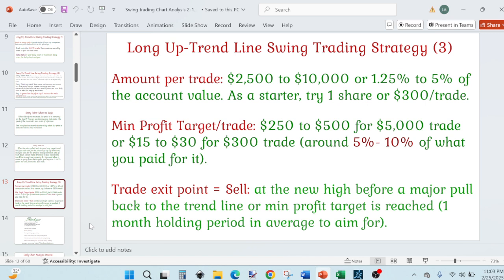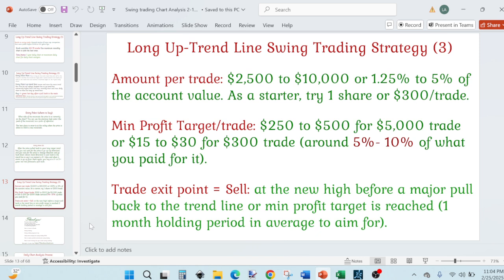Just start small, one share at a time, or $100 per trade at a time, or $200 per trade at a time, and just target small profits, 5% to 10%, depending on where you enter the trade, or the next new high, depending on the type of stocks you are trading.